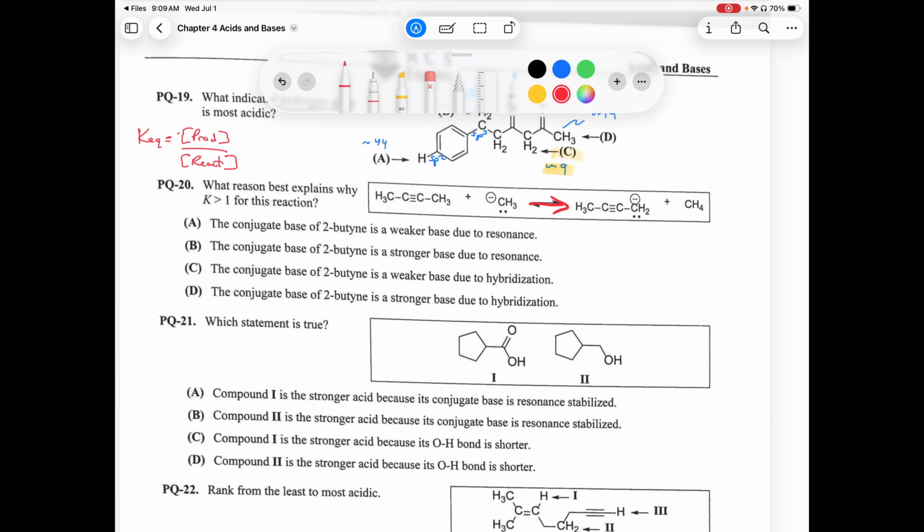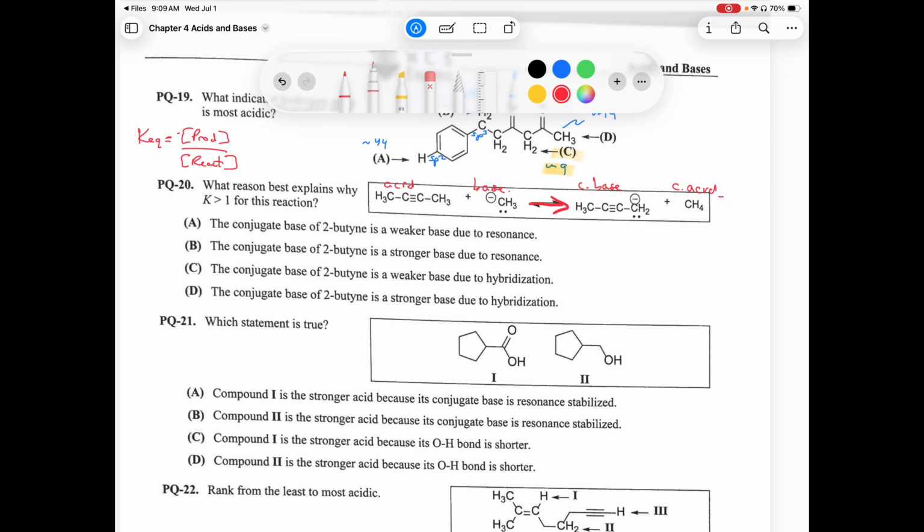Now, if we just take a look at what's going on here, you see that the methyl carbanion here is abstracting a proton from the 2-butyne, and then we end up with this carbanion here, and then we end up with methane. And so if we were to label our acid, we would say this is our acid, this is our base, this is our conjugate base, and this is our conjugate acid.